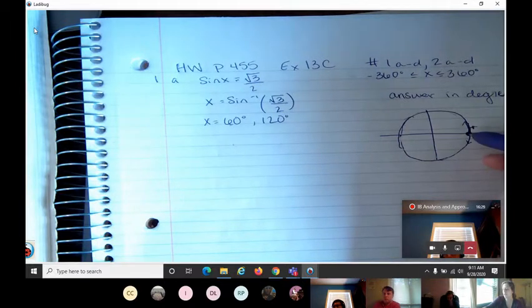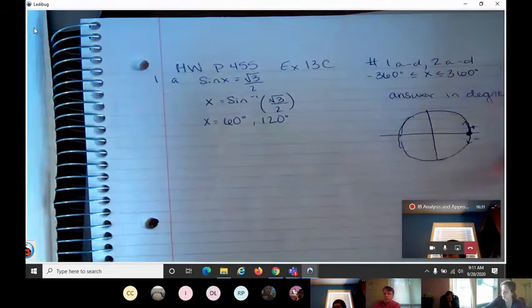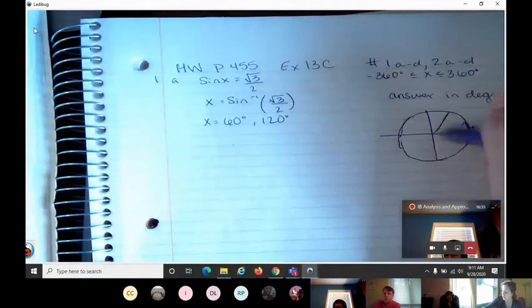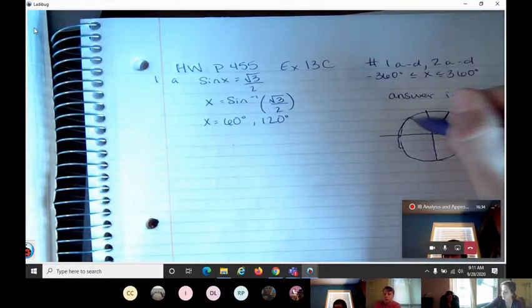Right. Do we pass the places where our angle measures have a y value of root 3 over 2 along that way? Yeah. And what angle measures would those be? So think about it this way.